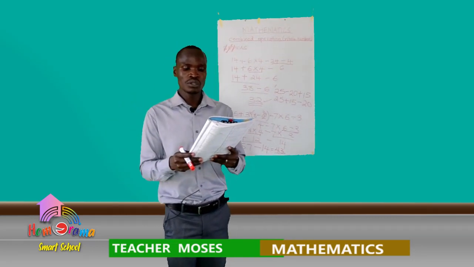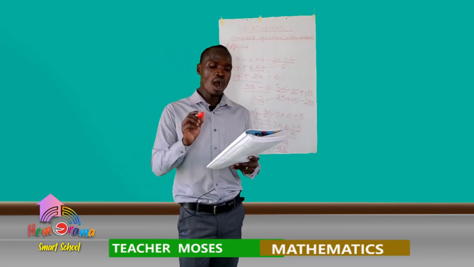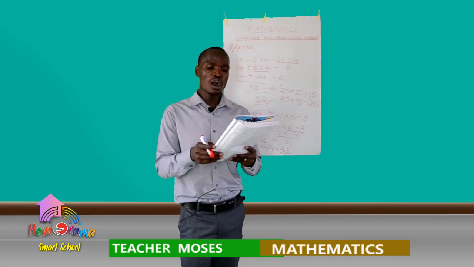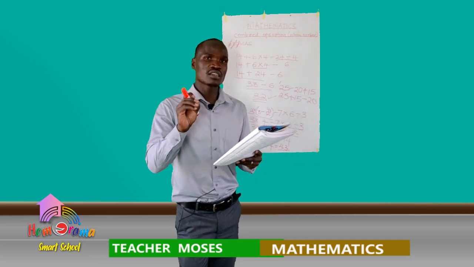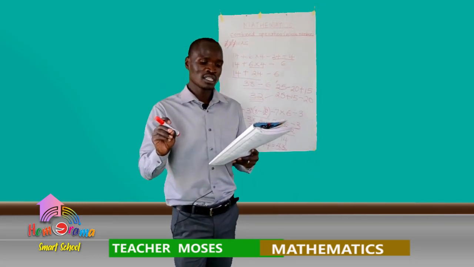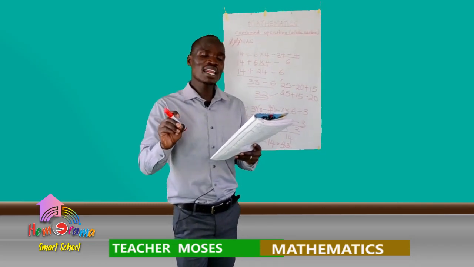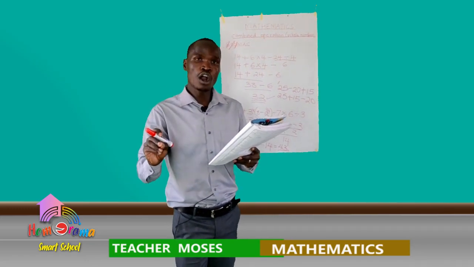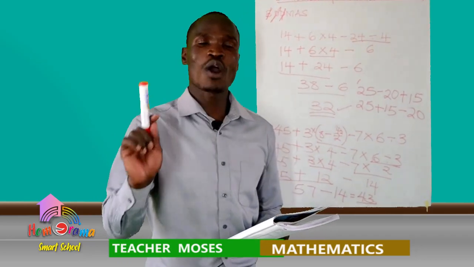Question number two, what is the value of 24 divided by 3 plus 4 times 5 minus 8 divided by 4 multiply by 10 plus 1.